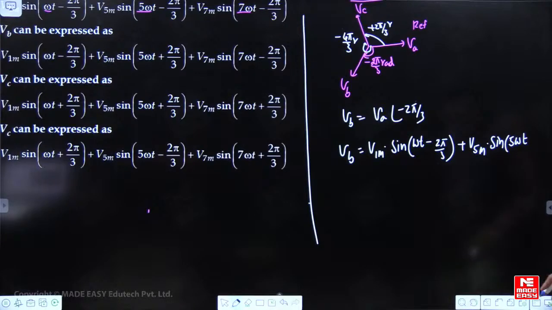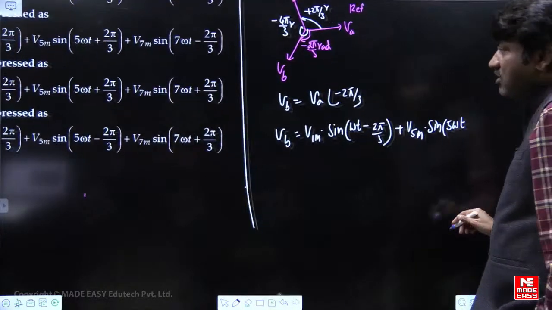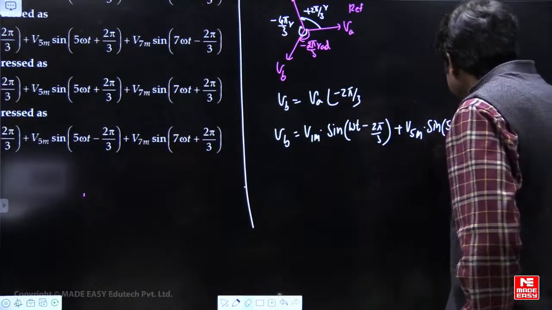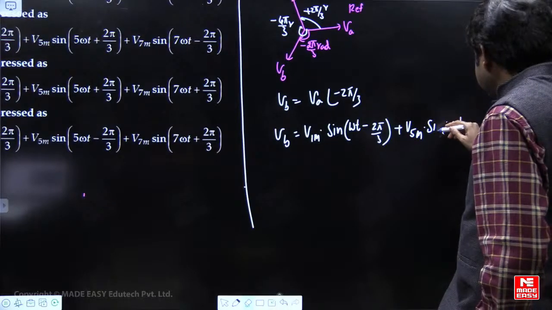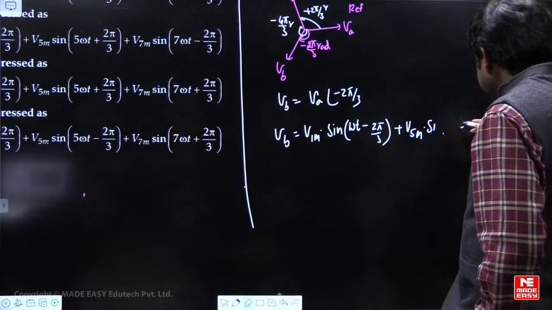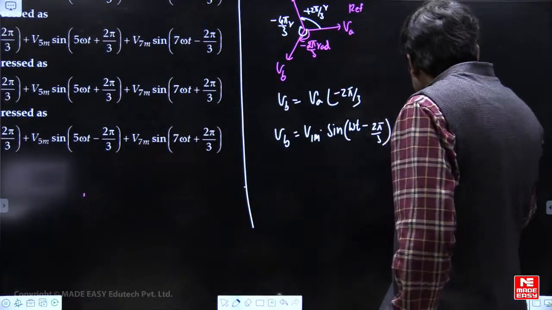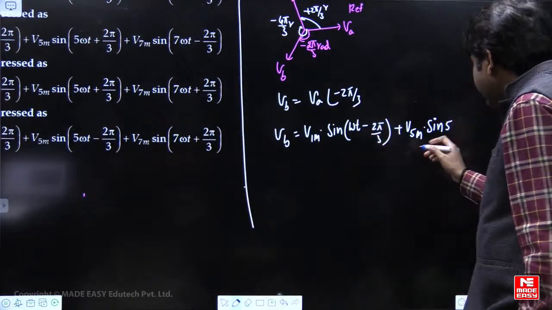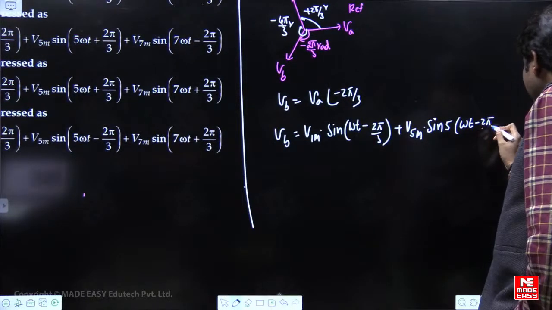5 is taken common here, dear students. Sine of 5 times, with this angle being omega t minus 2 pi by 3.